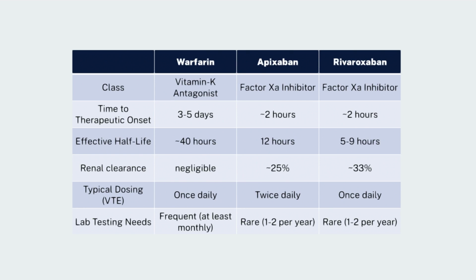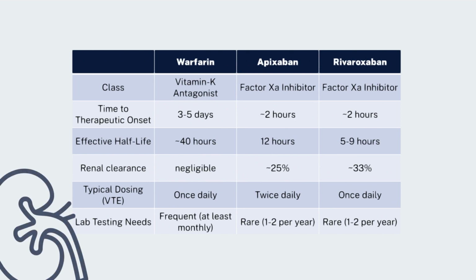So as you can see, these factor Xa inhibitors are rapid onset and relatively rapid offset. That's in contrast to warfarin, which has a much slower time to onset and a very long time to waning out of the system. So one important thing to consider for any patient who has thrombosis or is taking an anticoagulant is the degree to which the anticoagulants are cleared by the renal system.